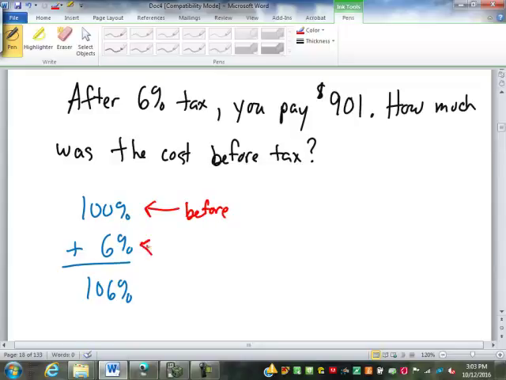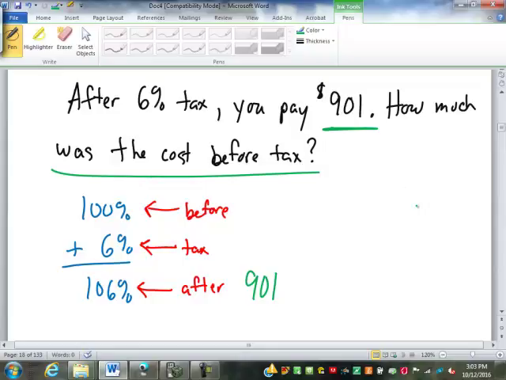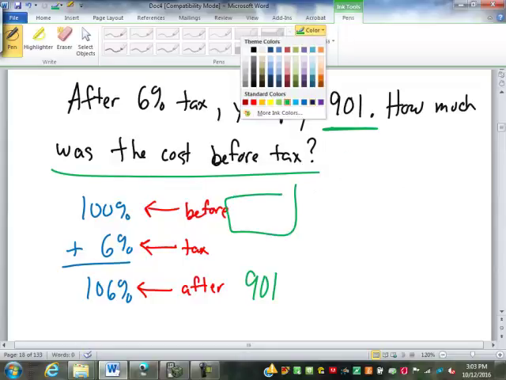The 6% is the amount of the tax. 106 is after tax. Does the 901 represent before tax or after tax? After tax. We want to find what the cost was before tax. So what we're looking for actually is the 100%.